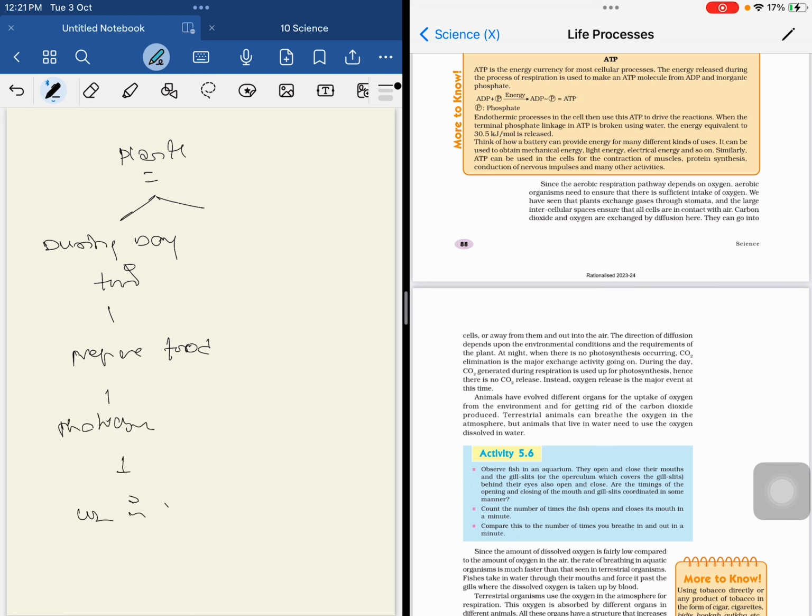During night time, plants do not prepare food, so they don't use carbon dioxide; rather, they release carbon dioxide during night time.